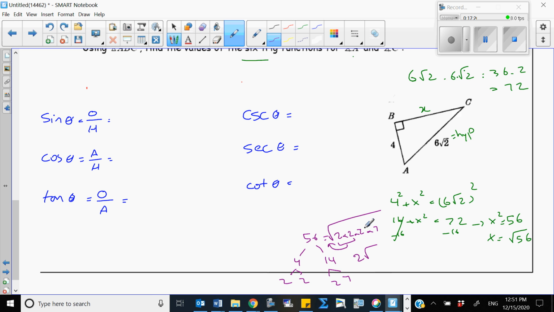Under the radical, I have 2 times 7. They are alone, they're not paired, so I just keep them under the radical. It will be 14. 2 times 7 is 14. So x is 2 radical 14. Now I found this side, 2 radical 14. Now I'm simply going to use all these rules and the sides to find the trig functions.